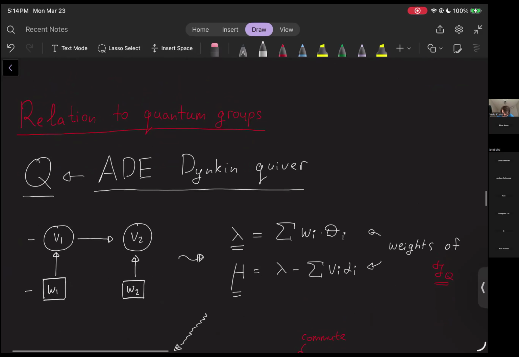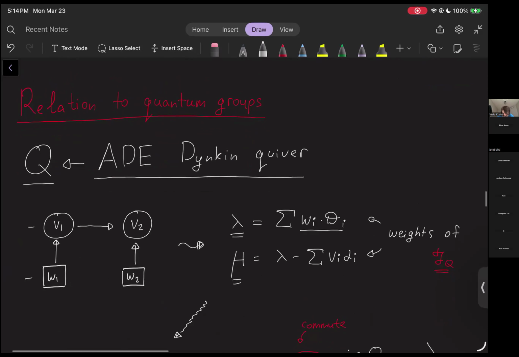Lambda will be the sum of W_i omega_i, and mu will be lambda minus the sum of V_i alpha_i, where now we consider both of them as weights of G_Q. So we take the Lie algebra corresponding to the quiver Q. It has nothing to do with the gauge group. And omega_i are fundamental weights, and alpha_i are simple roots for this Lie algebra.